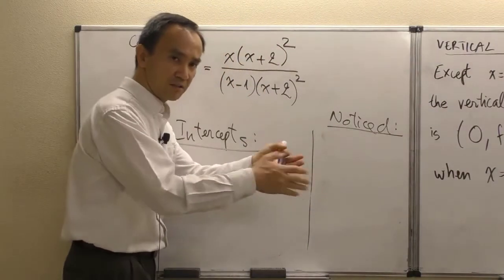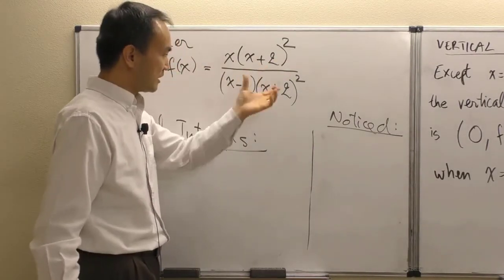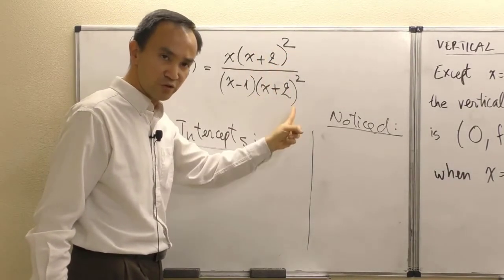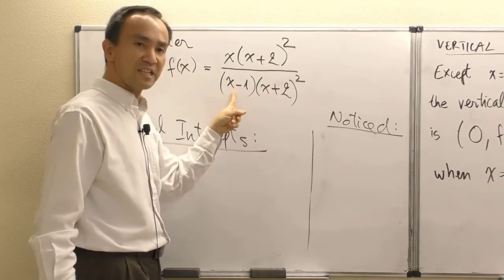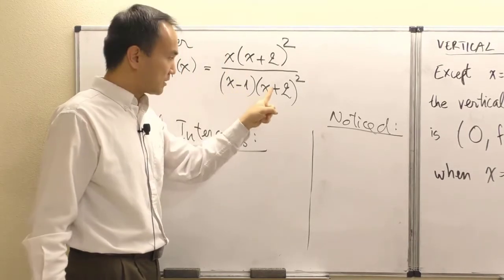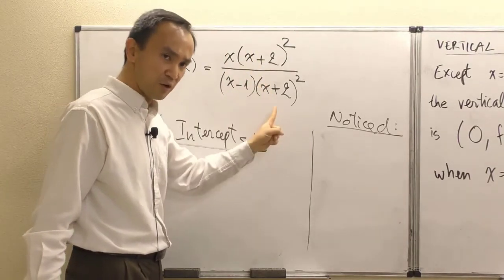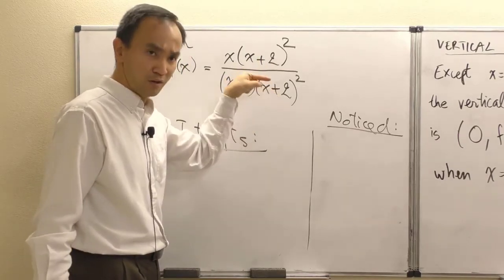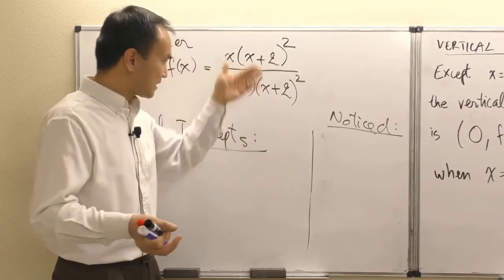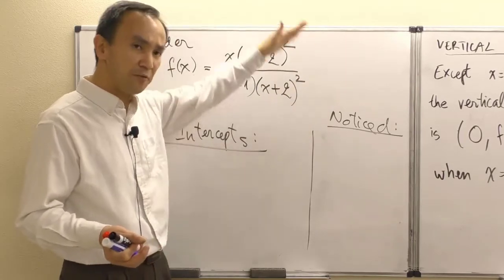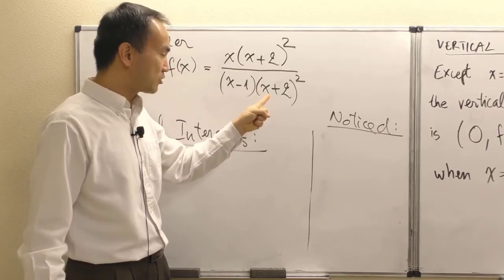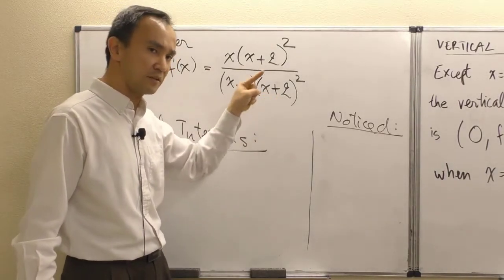So we've learned from our vertical asymptotes and holes that this factor could have been a vertical asymptote, but it will eventually cancel out completely. That's the reason why only the x minus 1 factor remains in the denominator, responsible for the vertical asymptote here. But this one, which could have been a vertical asymptote, became the hole on the graph at x equals -2. Put another way, before I did any cancellation of the common factor, we found two distinct zeros of the denominator.